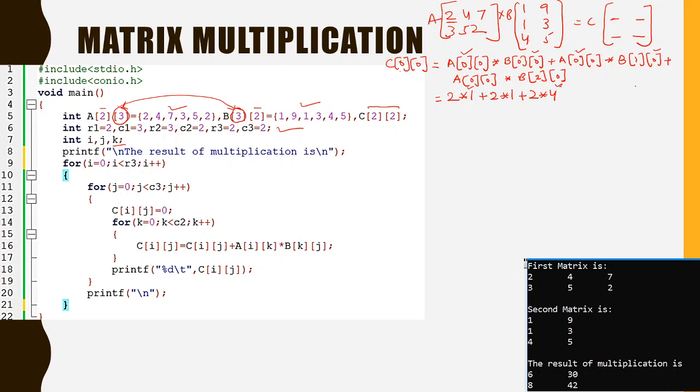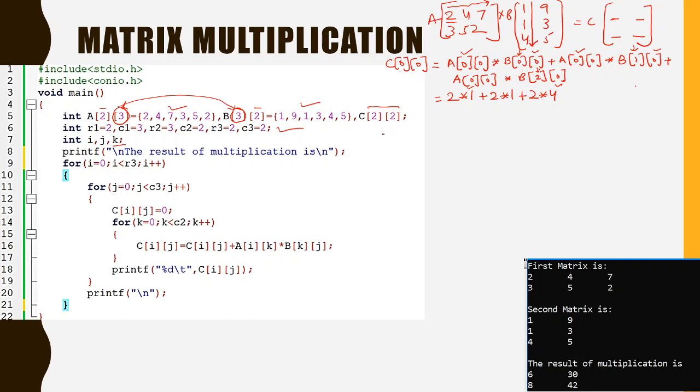But you can see that the row index of B is incrementing, and it increments up to the number of rows in the second matrix, or we can say the number of columns in the first matrix.